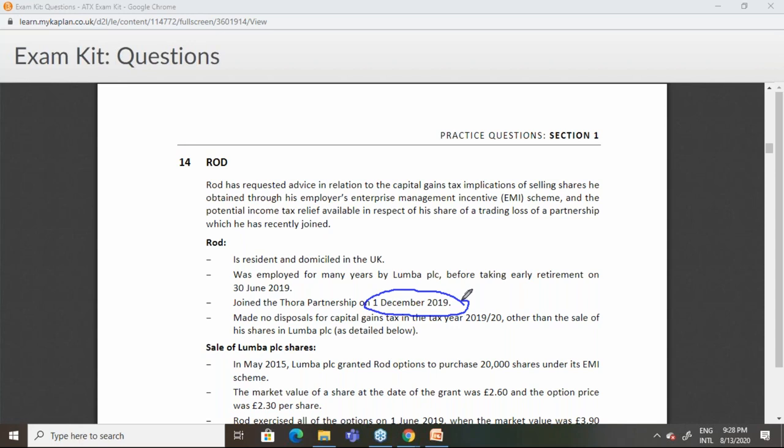Remember, a partnership is not a taxable person. A partnership does not have to pay taxes like a company. A company has to pay taxes on its own; it is subject to a separate tax regime called corporation tax. But a partnership is not subject to any tax.